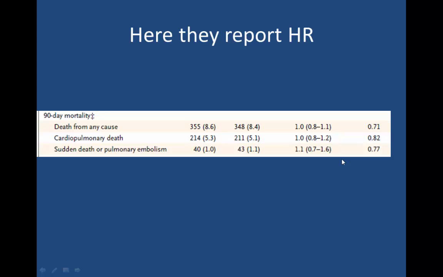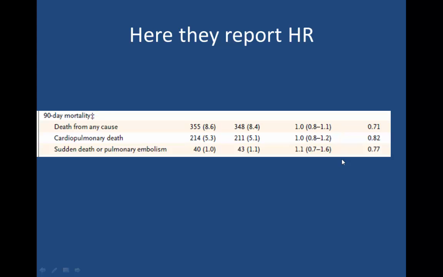Does 0.8, if I counted from 0.8 up to 1.1, does that range include the value of 1? Yes. Does this range include the value of 1? Yes. Does this range include the value of 1? Yes. So therefore, none of these will be statistically significant. Is it clinically significant? If I could reduce 90-day mortality of death from any cause, well, this one was equal between the treatment group and control group.